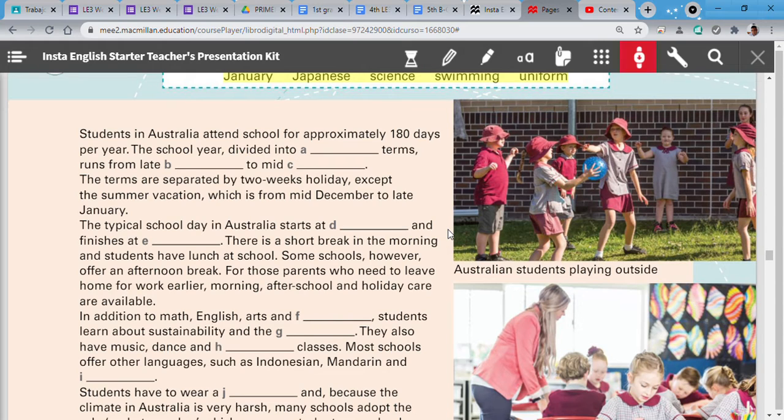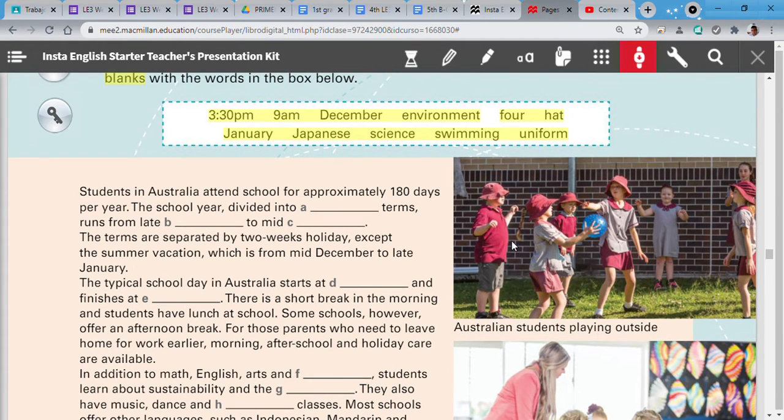Okay, class, I read the article once again, so I hope you can understand and you can complete the information. Now let's continue. Here we have two pictures, no? There is a group of boys and girls, no? As the article says, they're wearing uniform and of course a hat.